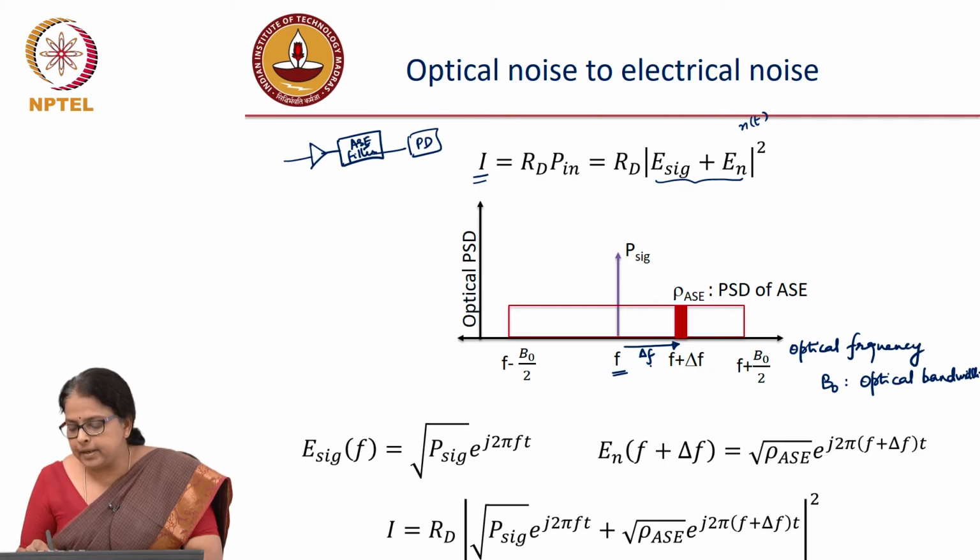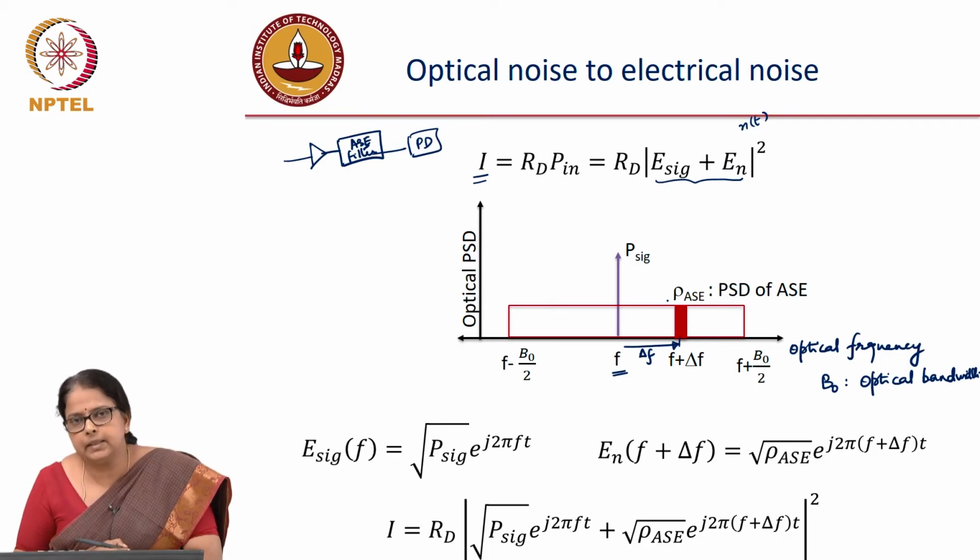Delta f is the separation of the band that we are considering with respect to the signal frequency. So I am considering a band, shown as a red band, at a frequency f plus delta f, where f is the carrier frequency and the width of the band is infinitesimally small, right. So I am considering a noise field at this specific frequency.